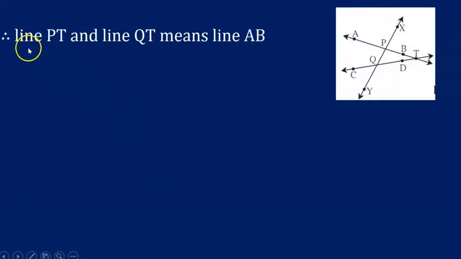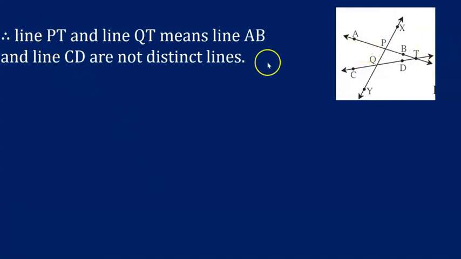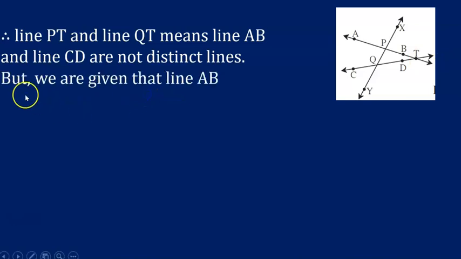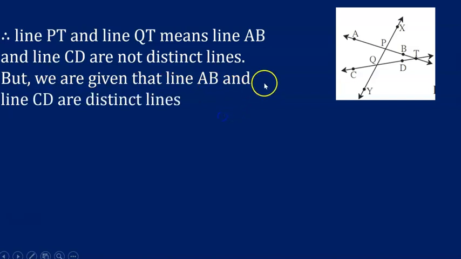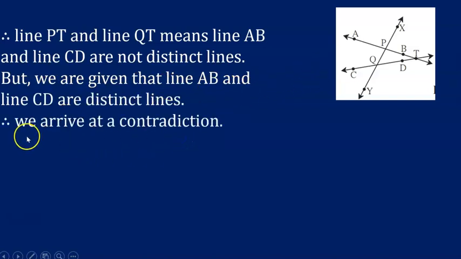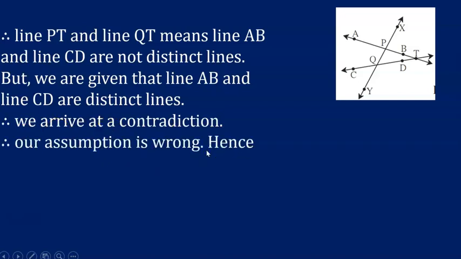Therefore, line PT and line QT, means line AB and line CD, are not distinct lines. But we are given that line AB and line CD are distinct lines. Therefore, we arrive at a contradiction.